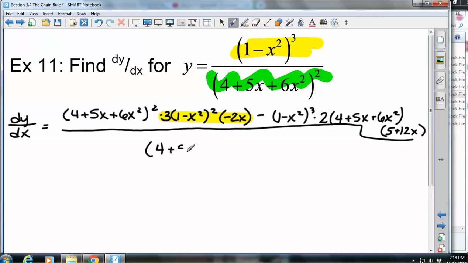All over the bottom squared. If it was to the second power and I square it, it is now to the 4th.